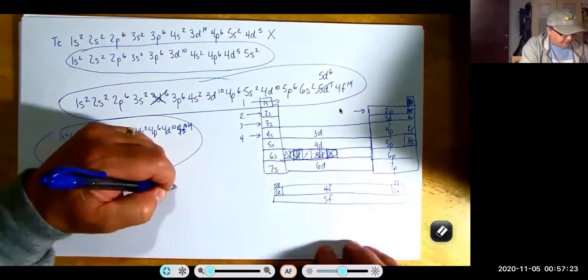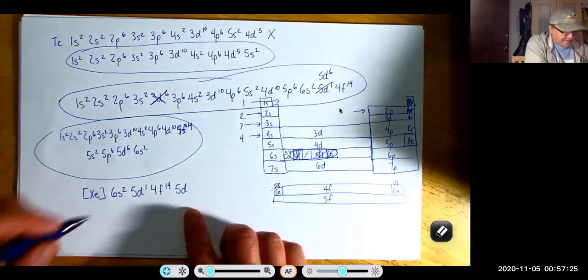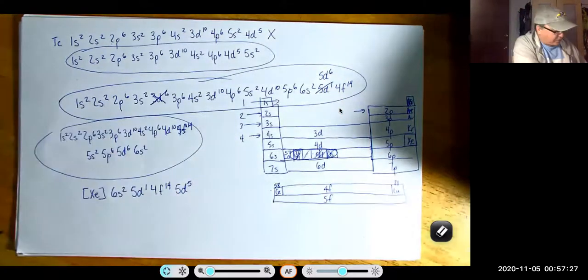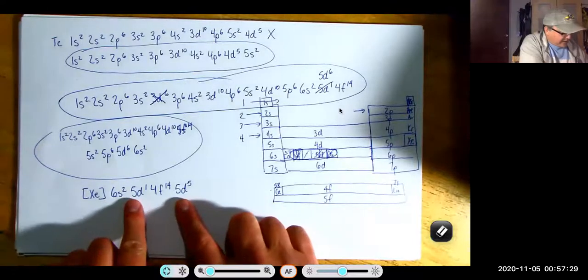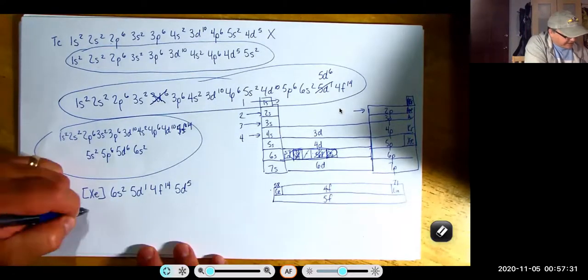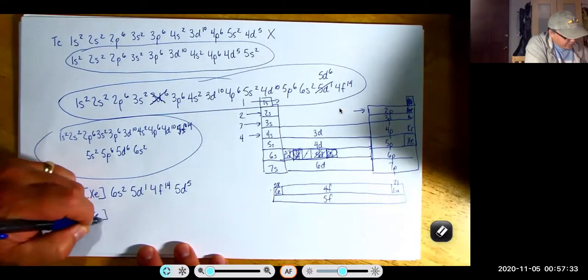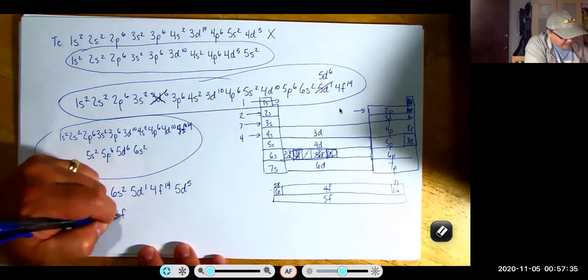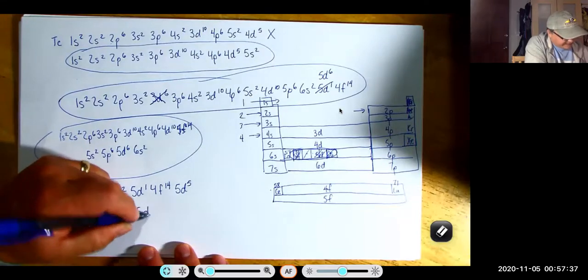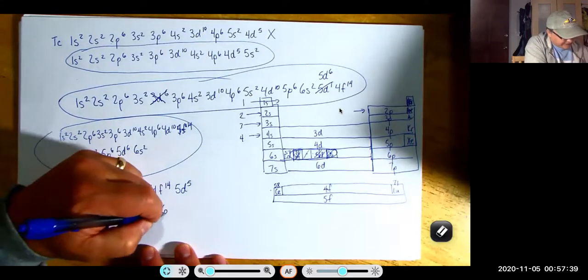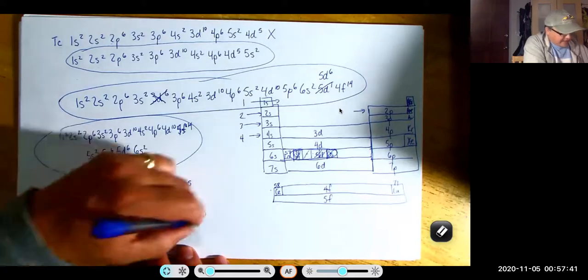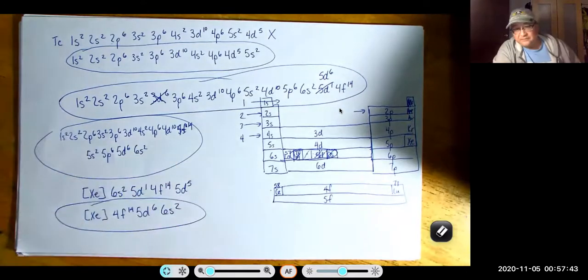So I'm going to write them separately here: 5d5. So we want to combine these together and rearrange things. So we would get xenon, 4f14, 5d6, 6s2, and that would be osmium.